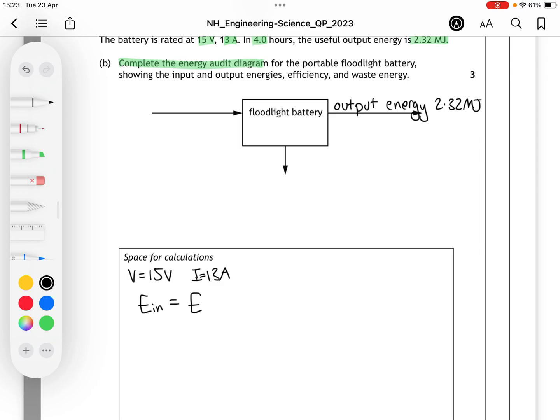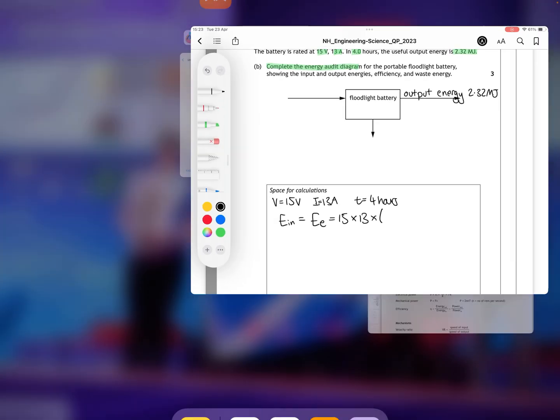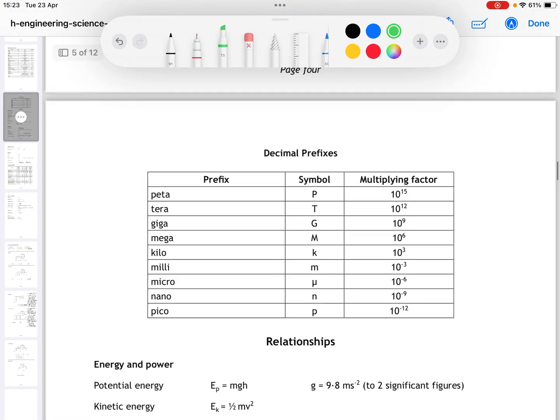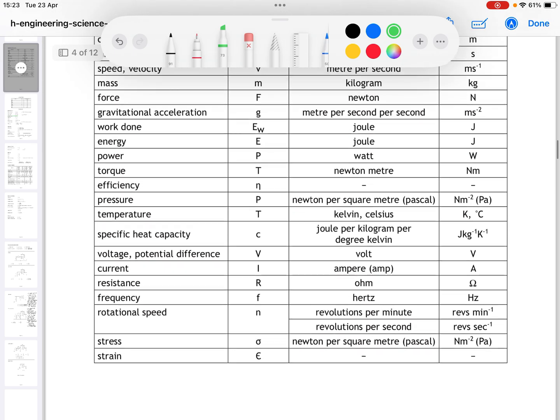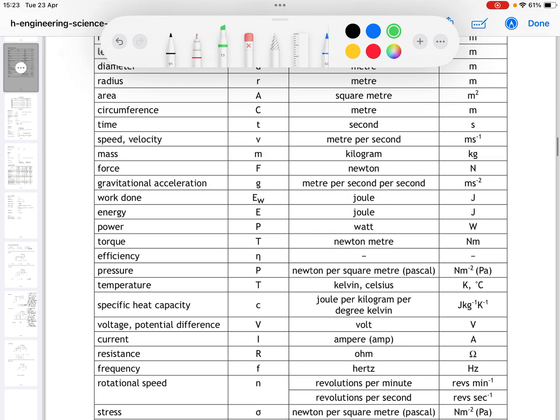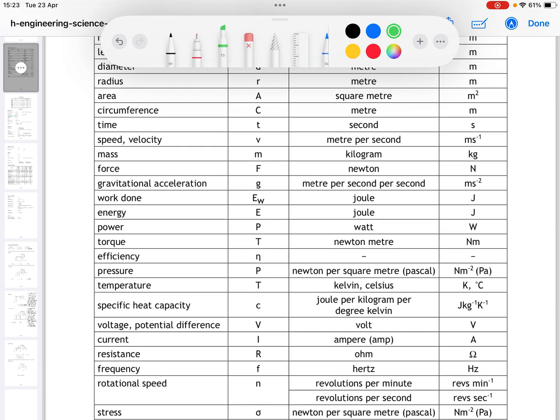So our electrical energy, which is our input energy, is going to be our voltage, which is 15, times our current, which is 13, times our time. Now, we're told that our time is 4 hours, but if I take a quick look back here, time has to be in seconds.